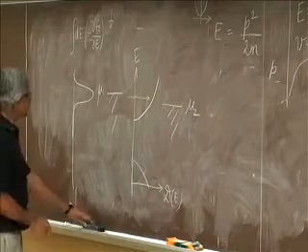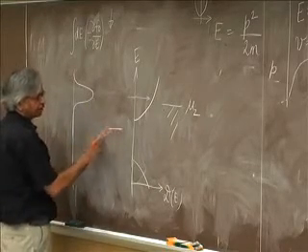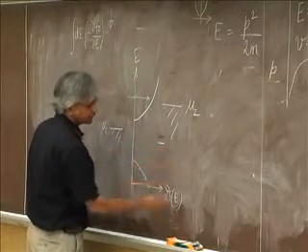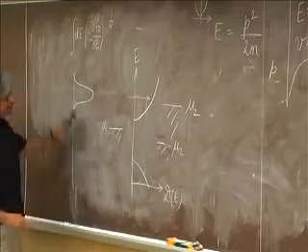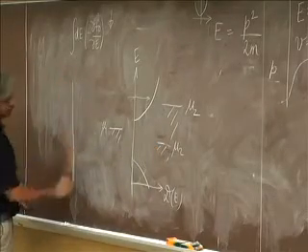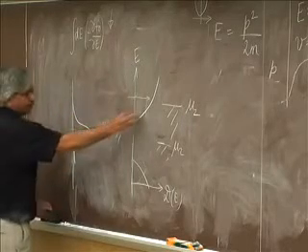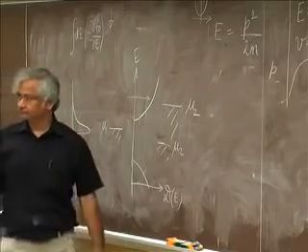What I mean by that is, supposing this mu, instead of being here, we are talking of something down here, let's say with a small bias. So in that case, this df0 dE looks like this.